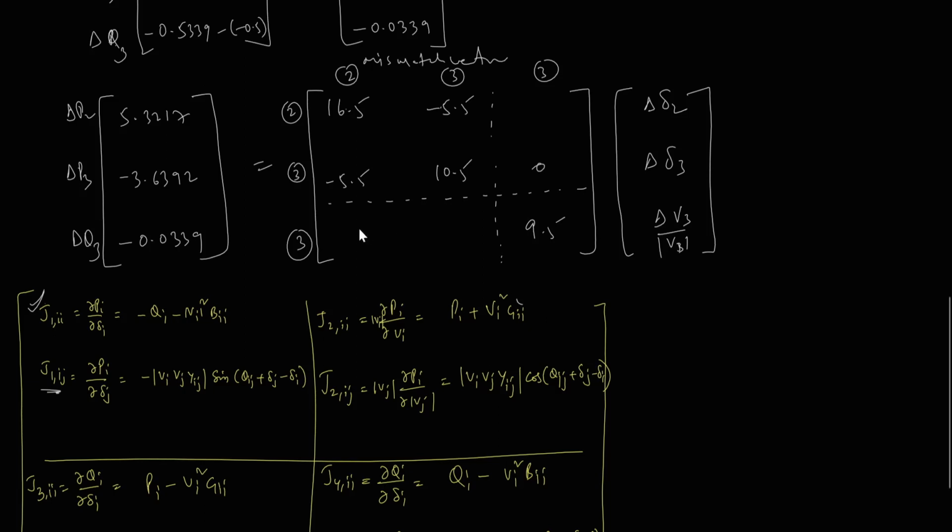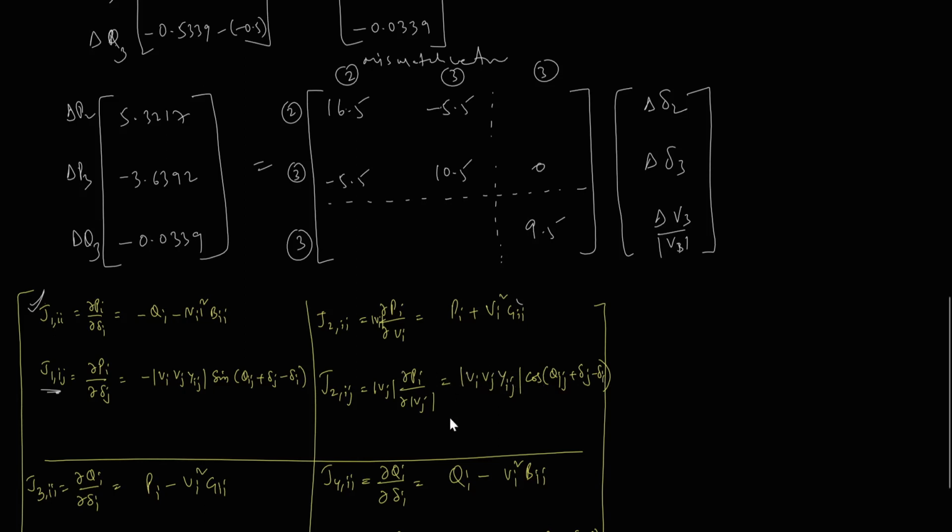And similarly, what about this value? This is J3. Let me finish up this one. For this J2, 2 comma 3, I have to use this equation. So Vi Vj cos of this angle, this is plus.